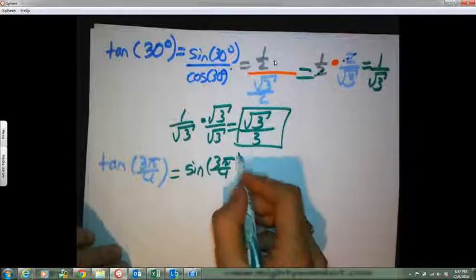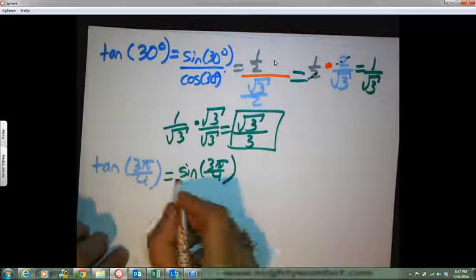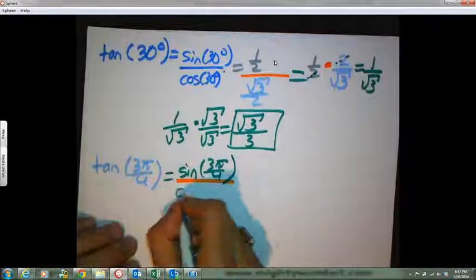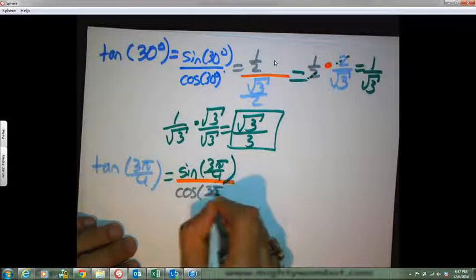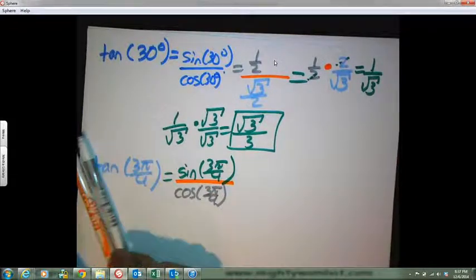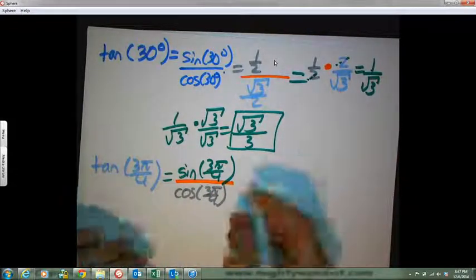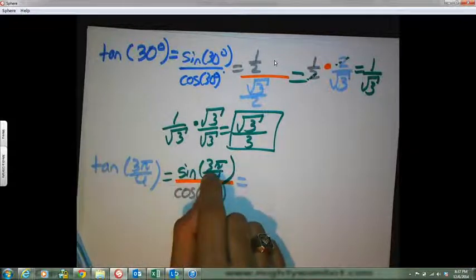So what does that equal? Well, sine of 3 pi over 4, 3 pi over 4 is in quadrant 2, 135 degrees, that's root 2 over 2. Cosine of 3 pi over 4, that's in quadrant 2, so that's negative. Cosine of 3 pi over 4 is negative root 2 over 2.